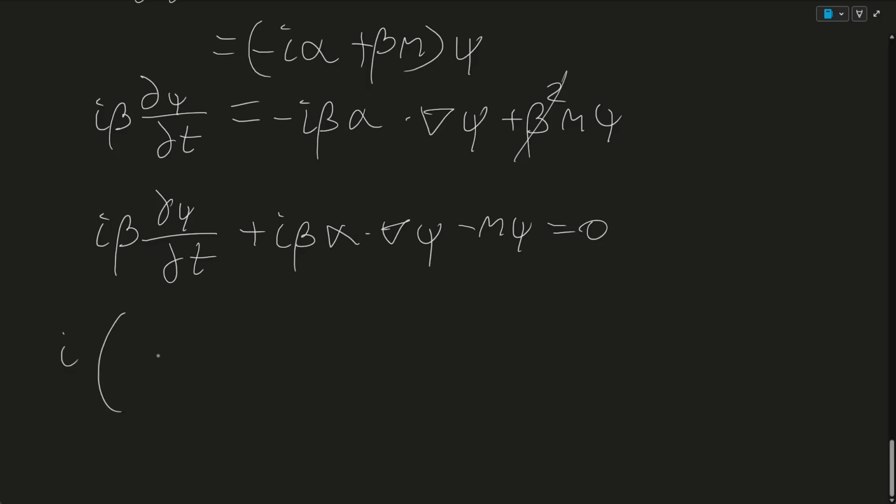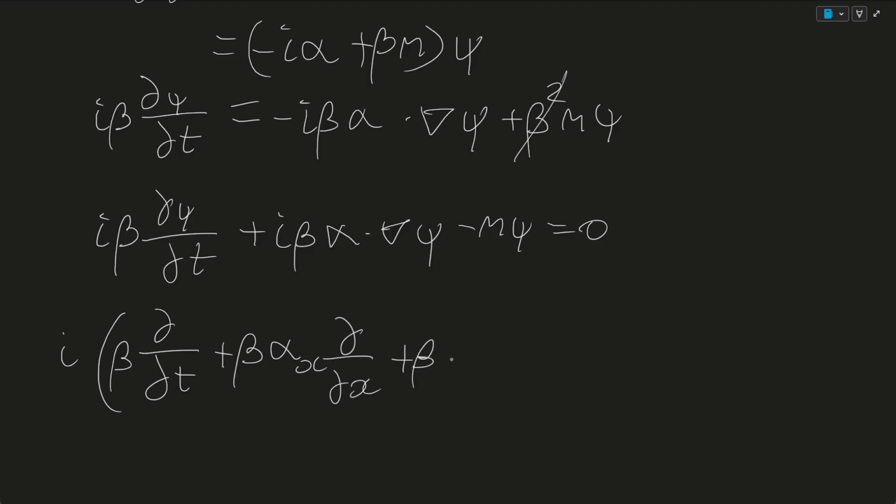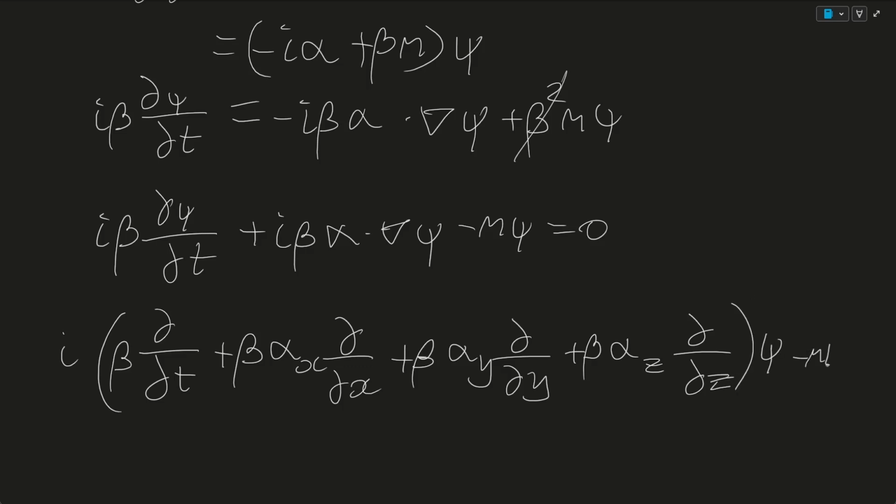So i times beta, there, plus beta alpha x partial with respect to x plus beta alpha sub y times partial with respect to y plus beta alpha sub z partial with respect to z, phi minus m phi is equal to 0.